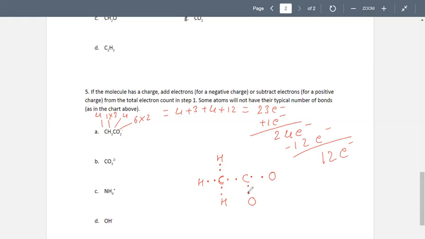This has 2, so this needs 6 more. This is complete. We used 6, and now we have 6. Now, this has 2, so it needs 6 more. So minus, it's 0.